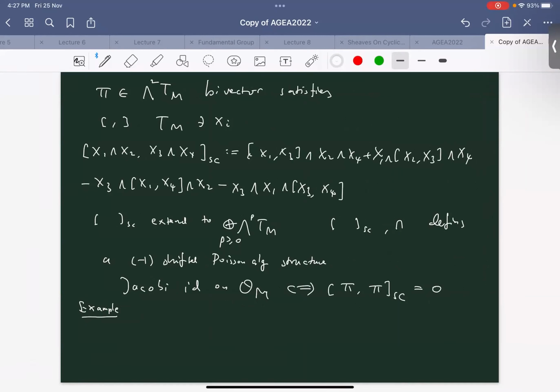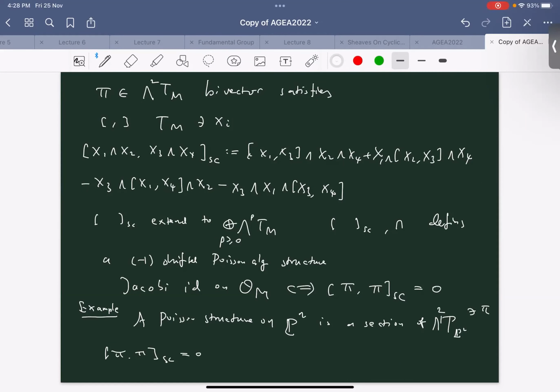Okay, so let me start with one example. A Poisson structure, according to the previous definition, on a projective space of dimension n is a section pi of T wedge 2 such that the bracket of pi with itself is equal to 0.